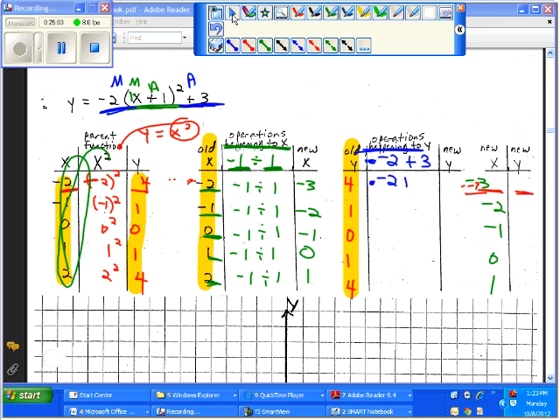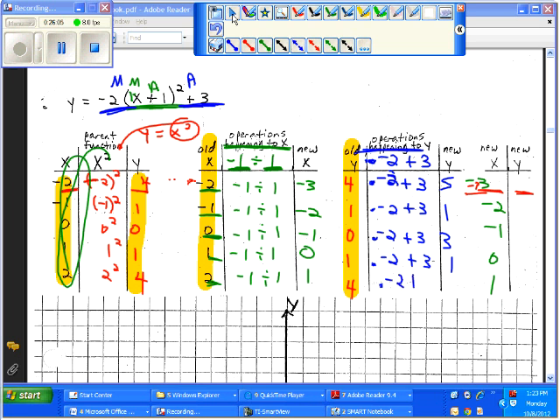So we're going to have 4 times negative 2 is negative 8 plus 3 is negative 5. Uh-oh, I made a mistake, so let's start again. 4 times negative 2 is negative 8 plus 3 is negative 5. 1 times negative 2 is negative 2 plus 3 is 1. 0 times negative 2 is 0 plus 3 is 3. 1 times negative 2 is negative 2 plus 3 is 1.